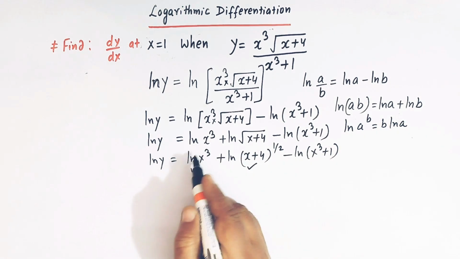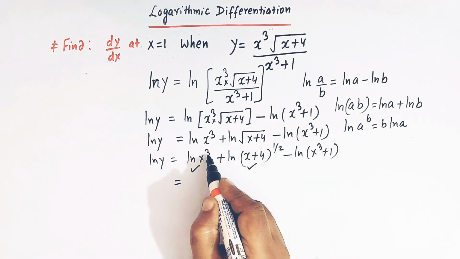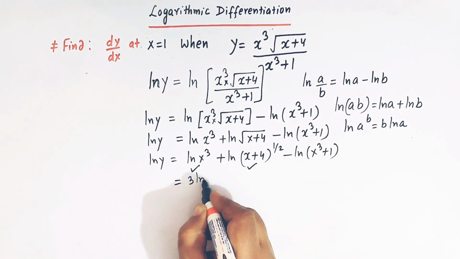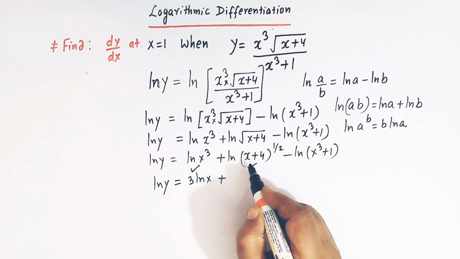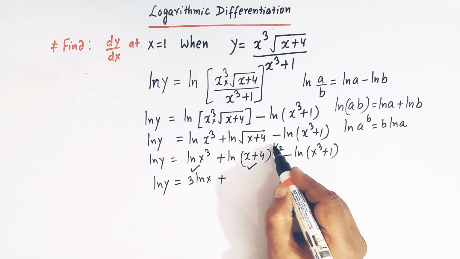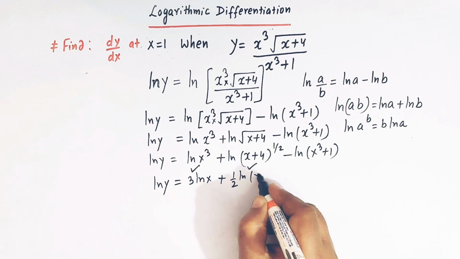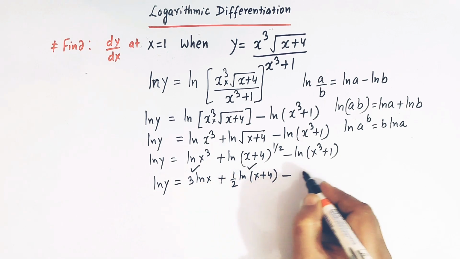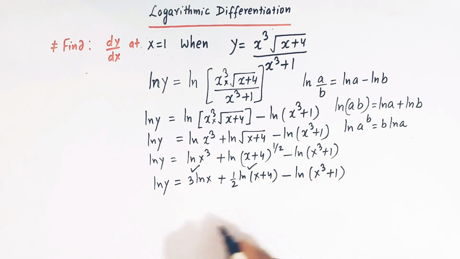So in the first term, a is x and b is 3. So we have 3 times log of x, right? And here in the second term, a is x plus 4, b is 1 over 2. So we have half log of x plus 4 minus log of x cube plus 1, right?